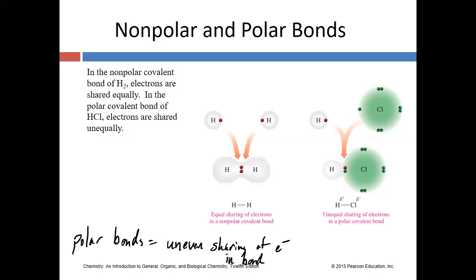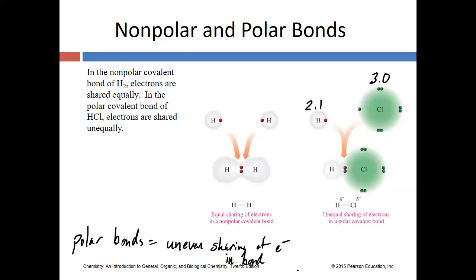And so what we would find is that if I were going to look at and map the location of those two electrons in that bond, I'd find that they are pretty evenly distributed throughout those two atoms. But if I have something like hydrogen coming together with chlorine, the electronegativity value for hydrogen is 2.1. The electronegativity value of chlorine is 3.0.